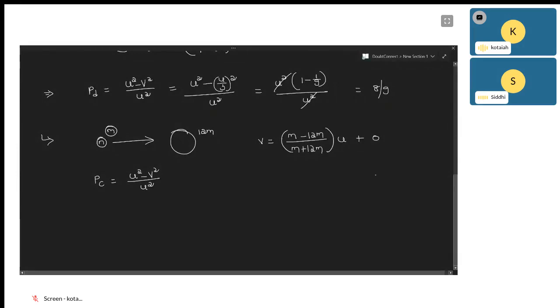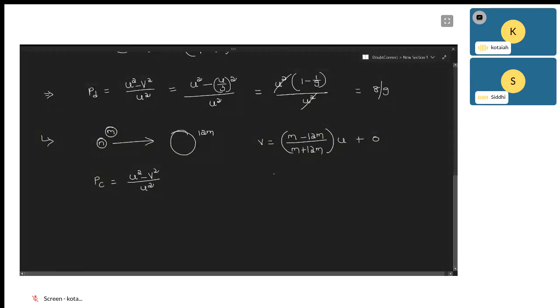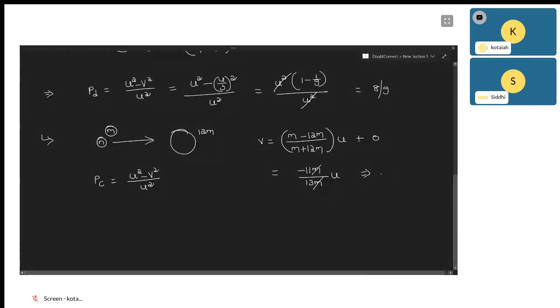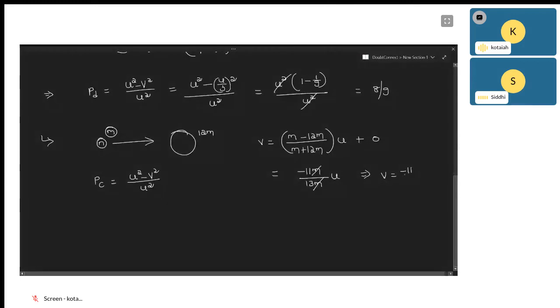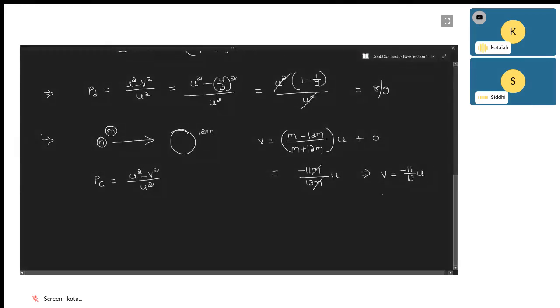Same as the previous case. So m minus 12m by m plus 12m into u, which is minus 11m by 13m into u. m will be cancelled. So v is equal to minus 11 by 13 times u. That means here also the neutron will move in the opposite direction with a speed of 11 by 13 times u.